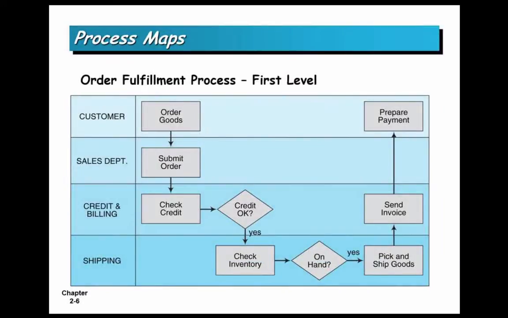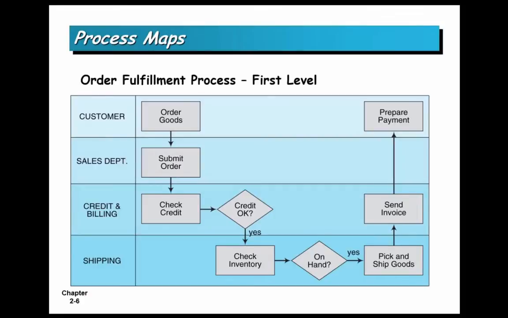So here's a process map. And this is how a picture, what's that saying? A picture says 1,000 words or something? A picture with 30 words on it max, 20 words on it max, tells a story. And this is the order fulfillment process. It's very simple. Notice this is the first level.